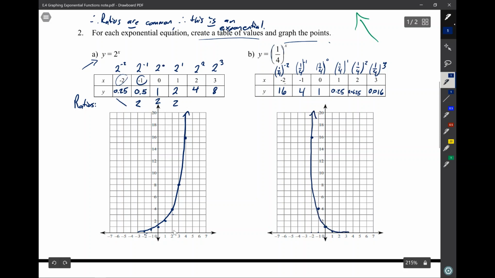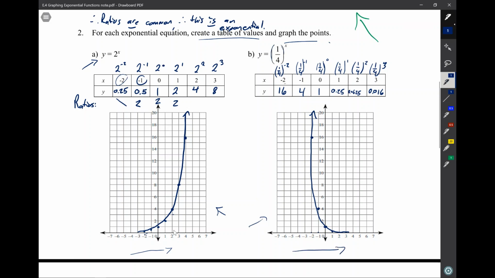We'll note the shapes of these curves. This curve here on the left, it increases as we go from negative to positive x, right? This curve on the right, it will decrease as we go from negative to positive x.